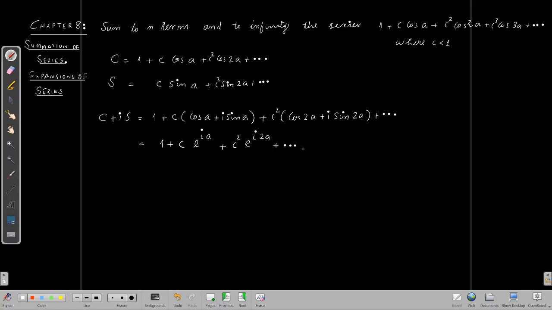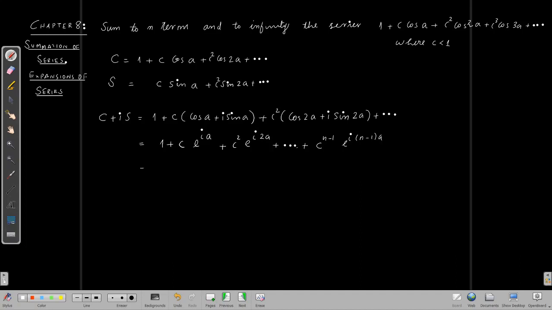We consider up to n terms, so the last term is c power n minus 1 times e power i times n minus 1 times A, because the second term has 1 times A, the third term has 2 times A, so the nth term has n minus 1 times A.